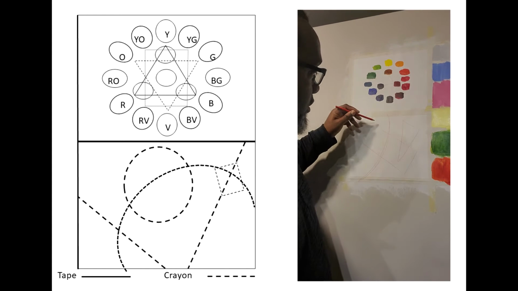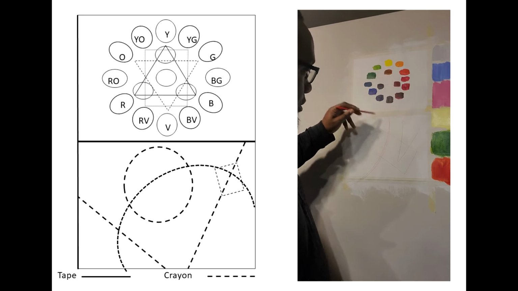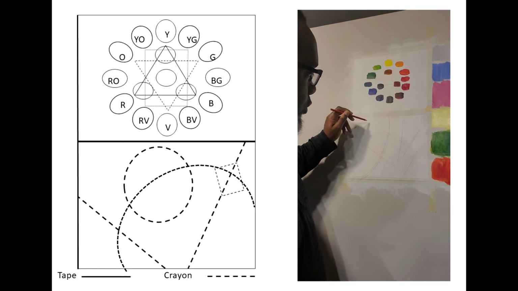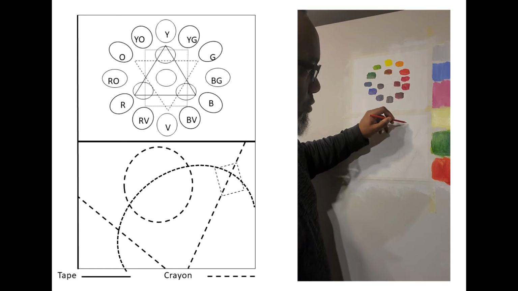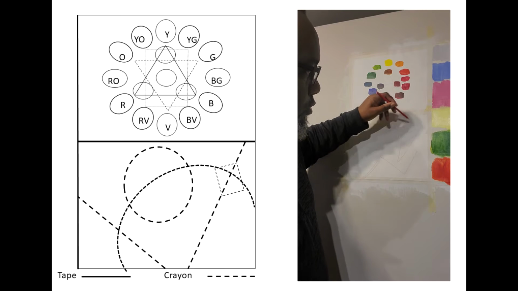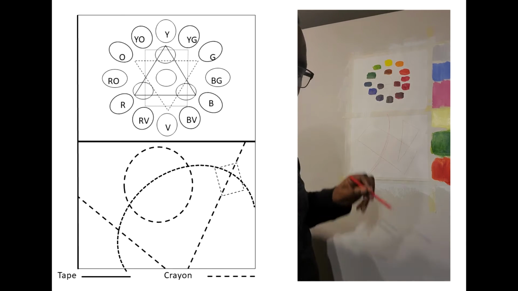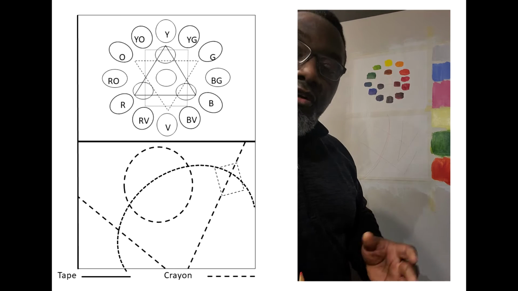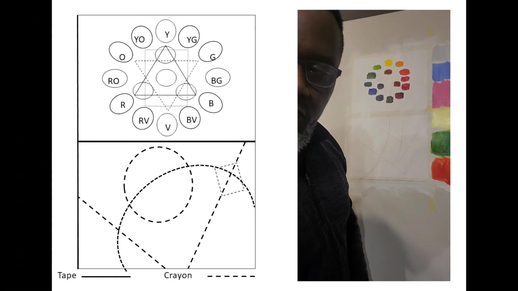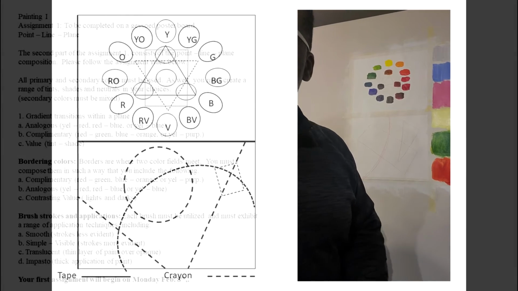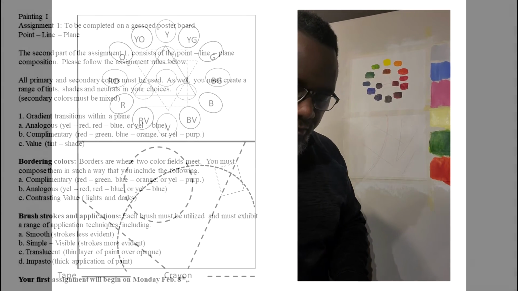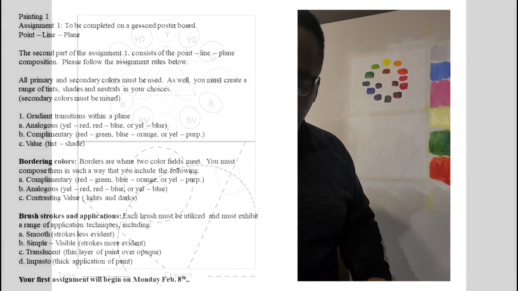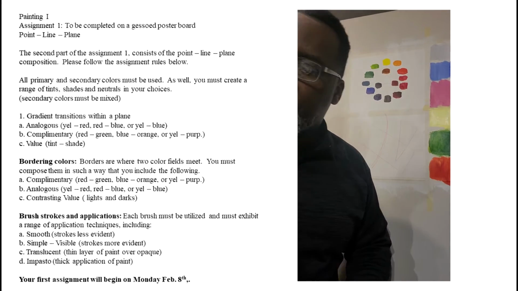So even though I'm thinking of this as being a large circle, this being a medium rectangle, and this being a smaller triangle, I'm still creating the spaces around that have to be dealt with as well. So all of these spaces are going to be dealt with inside the actual painting. All right, so once we have that composition up, we're going to go ahead and start the process of painting.